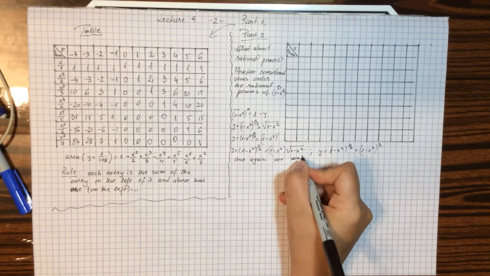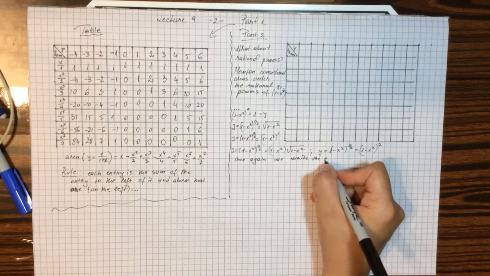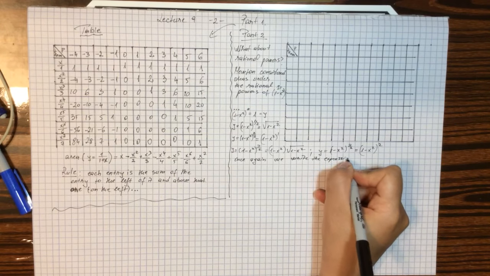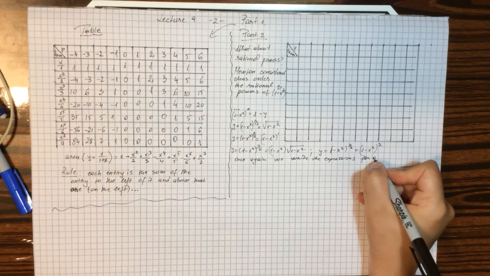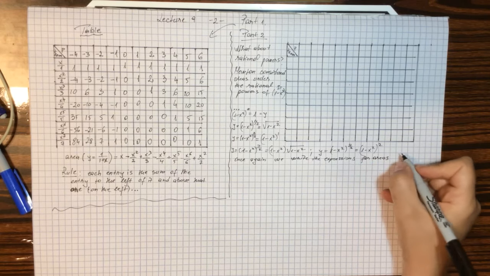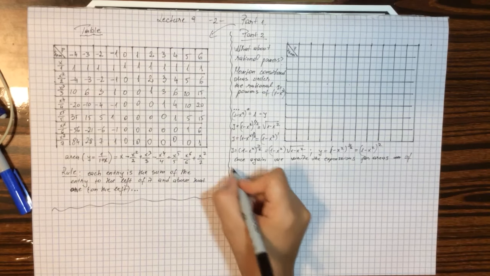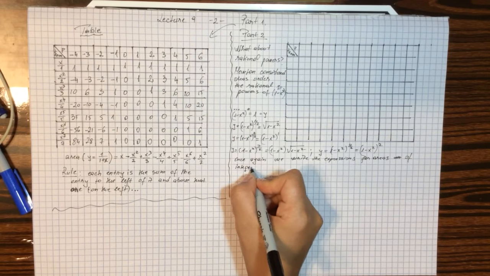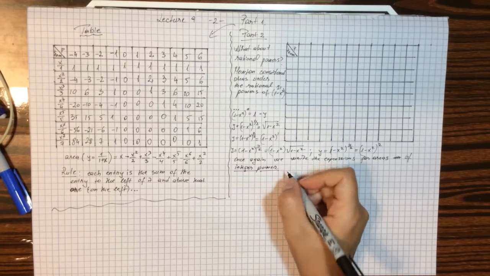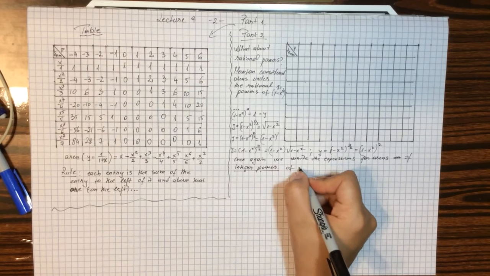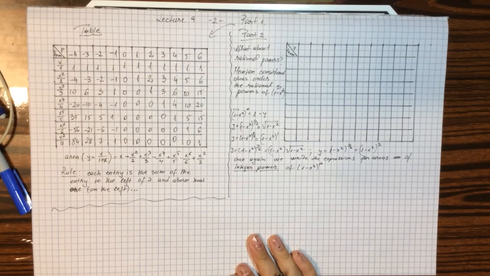So once again, we write the expressions for areas of integer power of curves that look like this: 1 minus x squared to the power p.